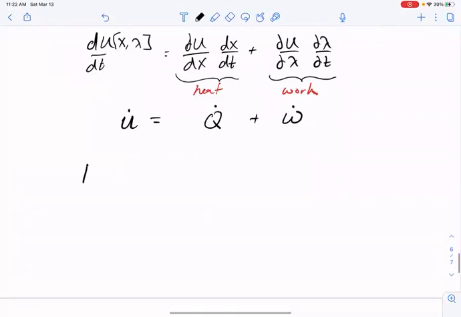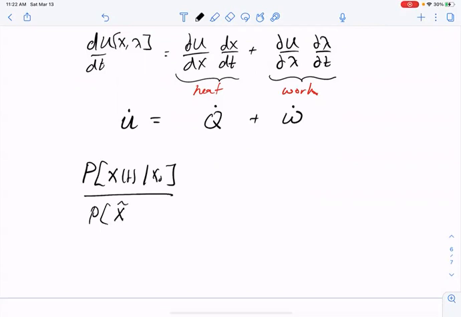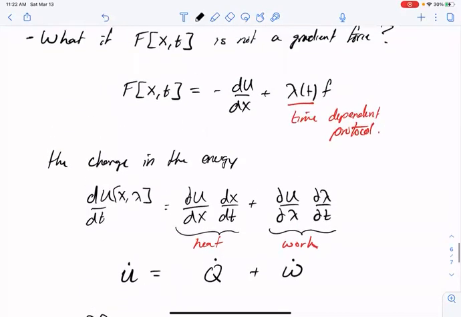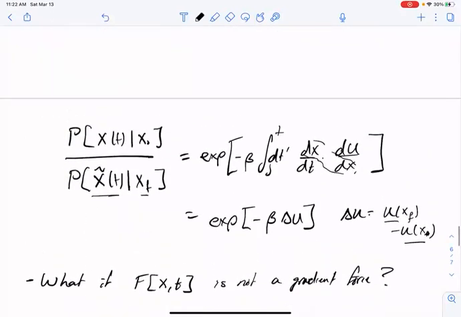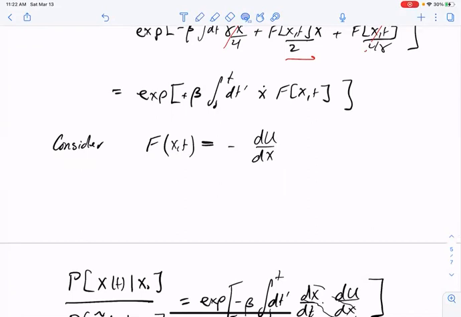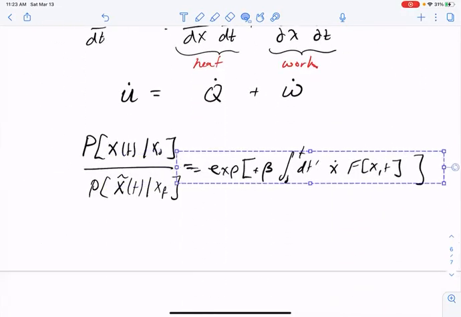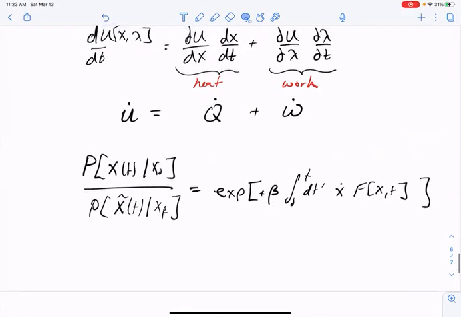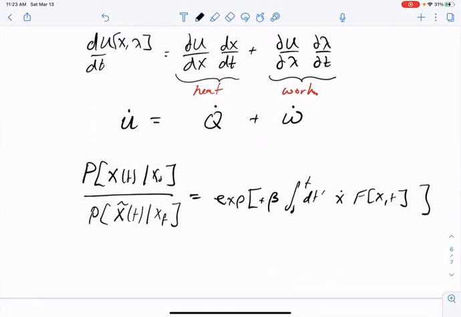So more generally, the ratio of the forward trajectory given some initial condition relative to the backwards trajectory is equal to, if that force has a gradient piece and a non-gradient piece, X dot times the force.